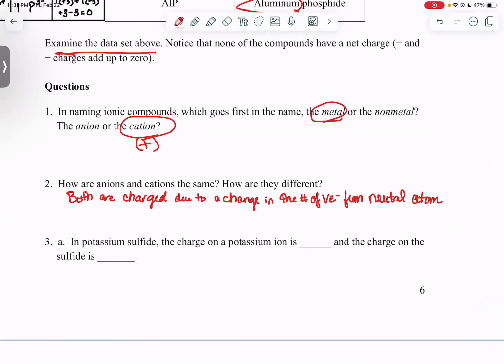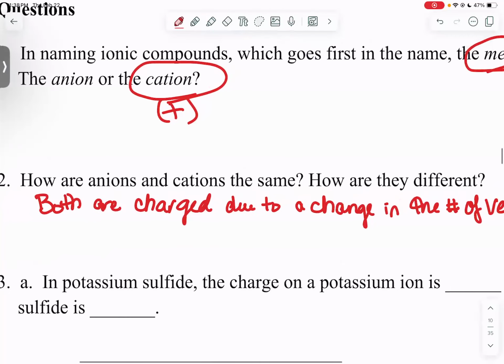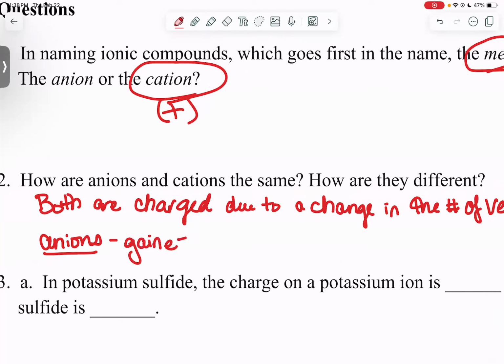So how are they different? Let's talk about anions. What do anions do? Anions are going to gain electrons and become negative. Anions are metals or nonmetals?